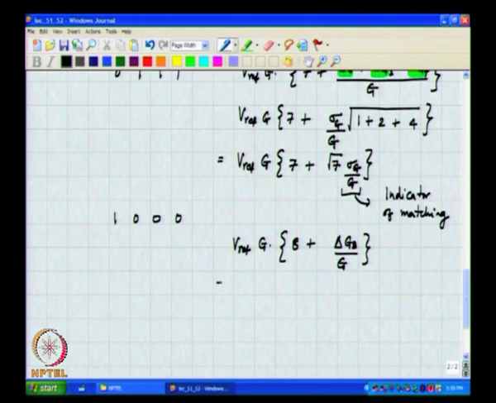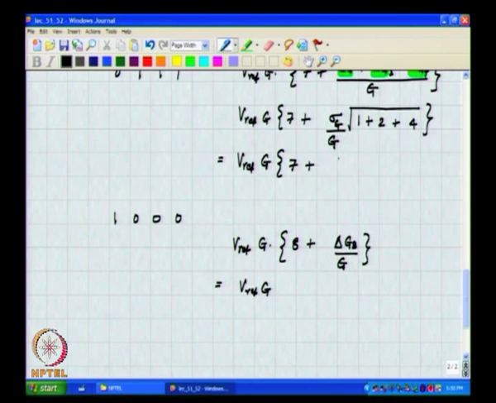So, this must be a normal distribution which is 0 and square root of 7 sigma G by G. Okay.